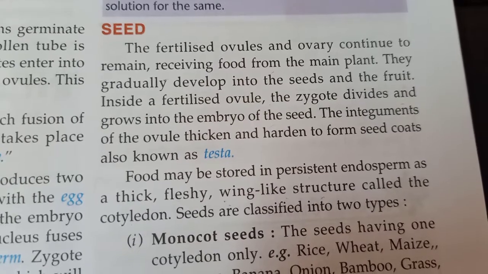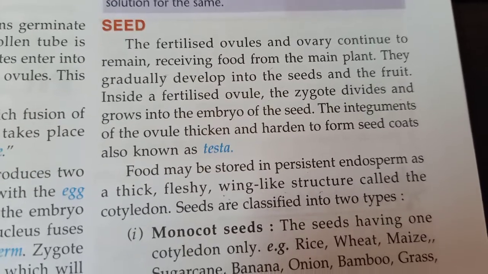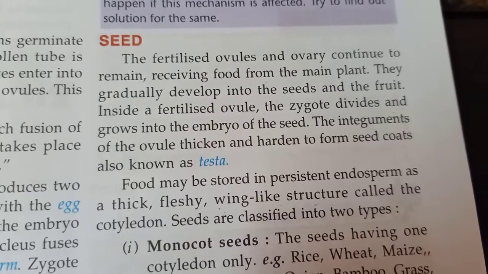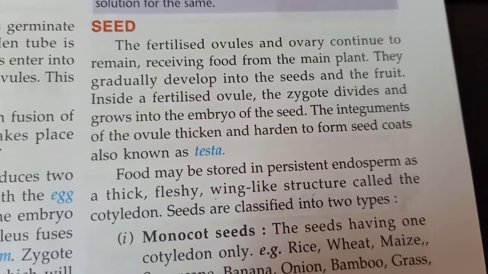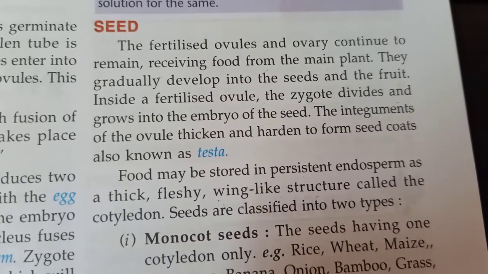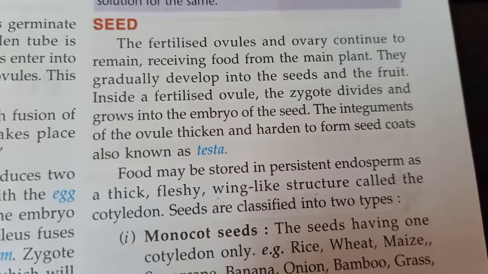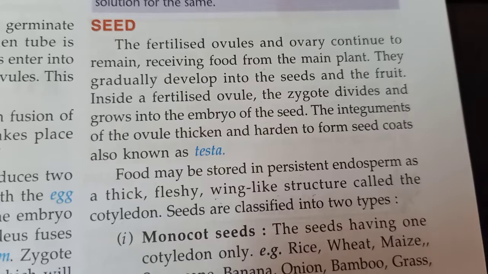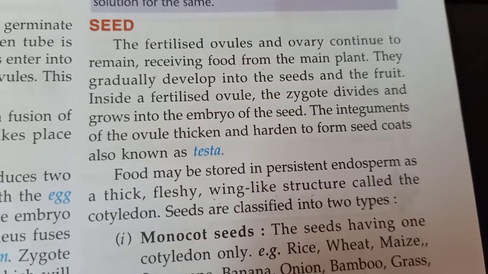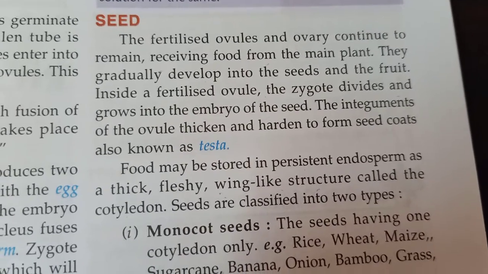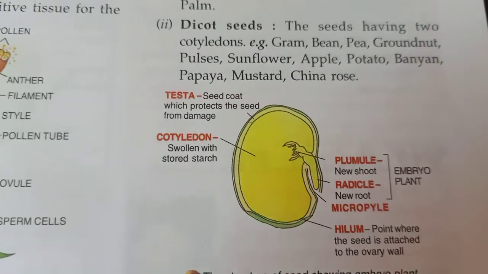The integuments thicken and harden to form the seed coat, and the seed coat is also known as testa. You might have seen the seed of mango. That mango seed is covered with a hard protective covering, and that hard protective covering is known as testa.